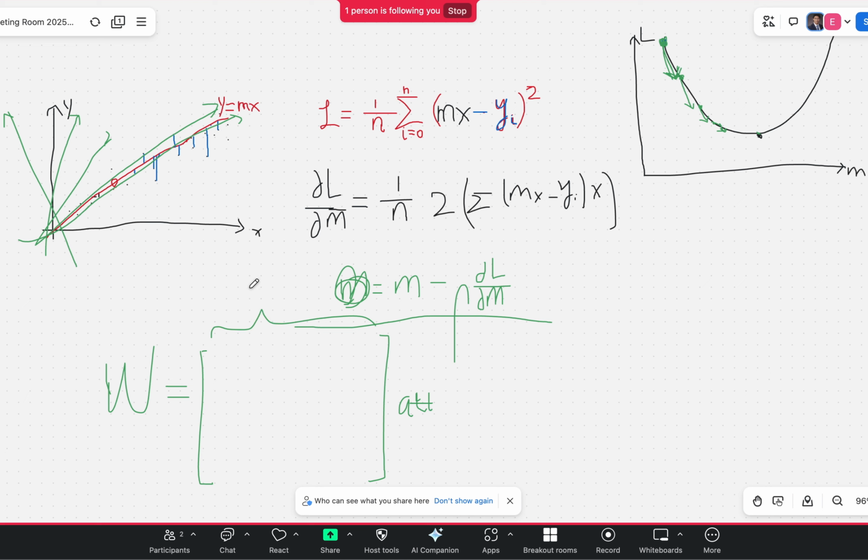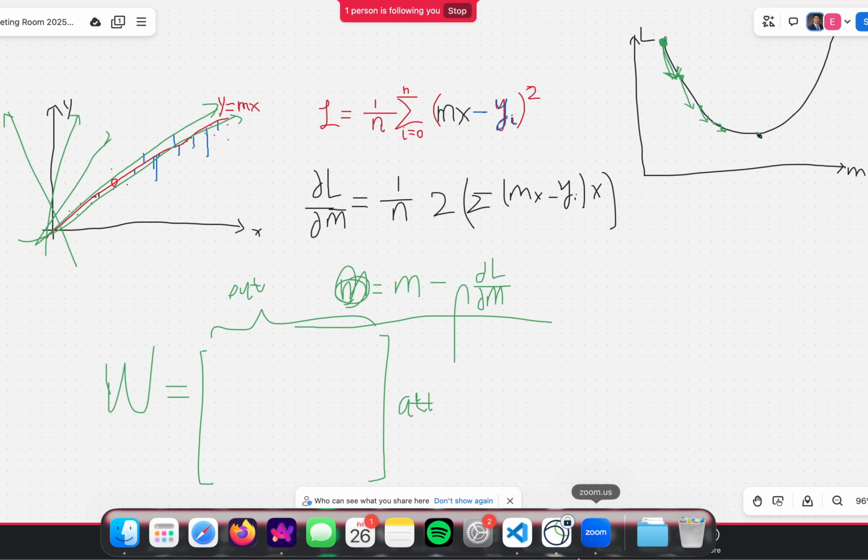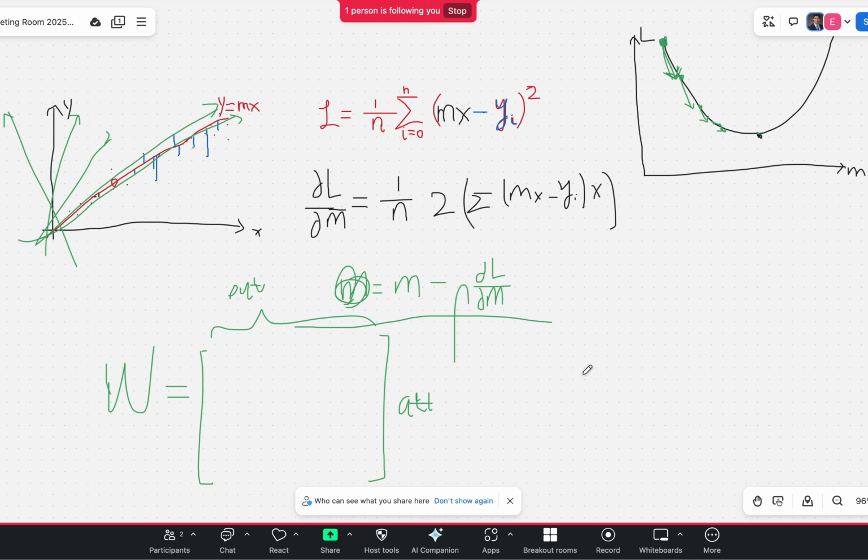Or if you just want one layer, then it's just the output amount. I know you haven't learned linear algebra, but if you matrix multiply, this weight will turn everything into the y, and that's a single layer neural network.